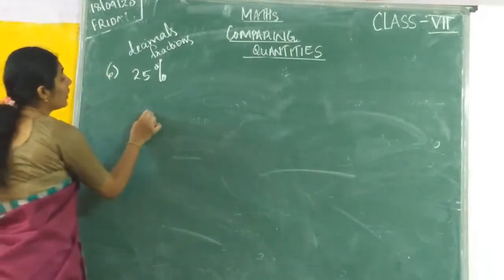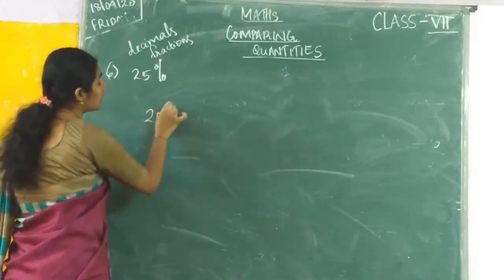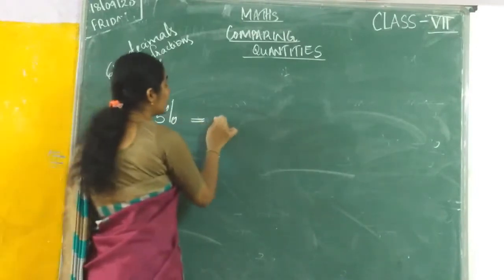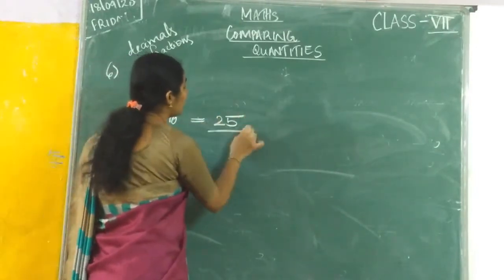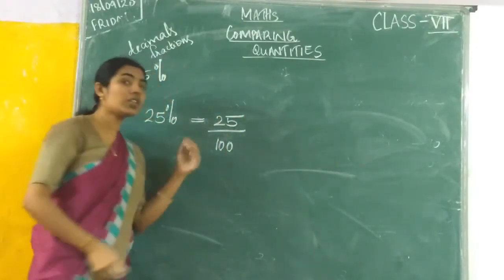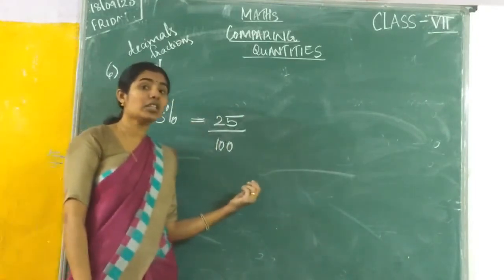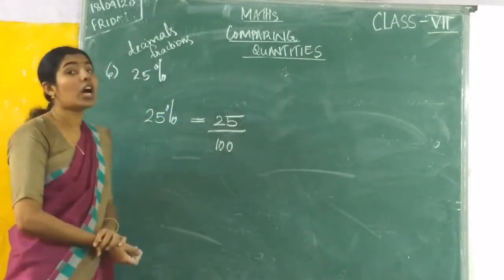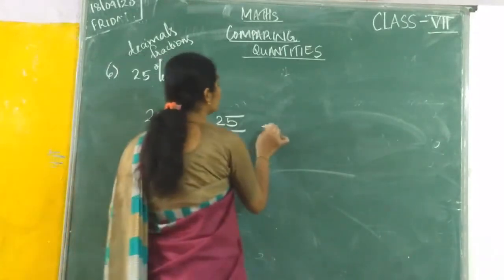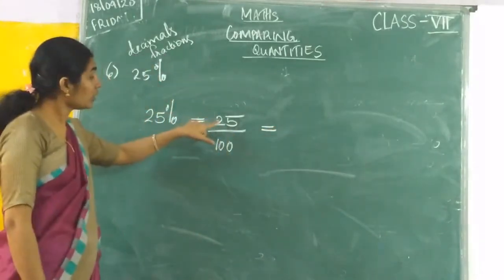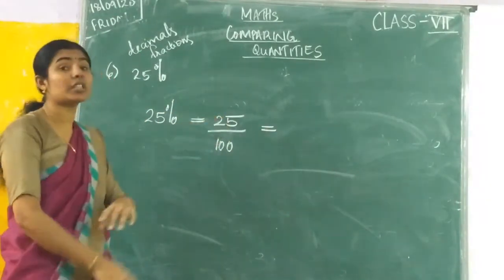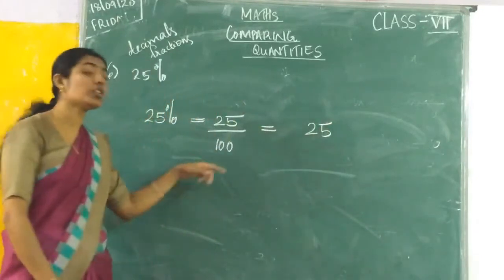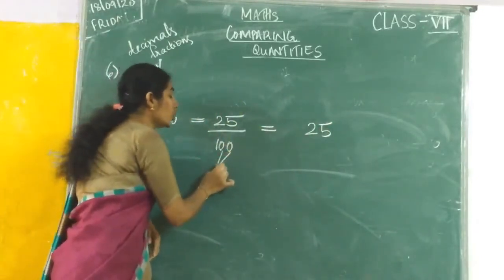So first of all, what does 25% mean? How to write this as a fraction? 25% is 25 by 100. And you have studied that when you have a fraction whose denominator is a multiple of 10, how to write the decimal number? In this numerator, which number is given? 25. 100, how many zeros are there? 2 zeros.